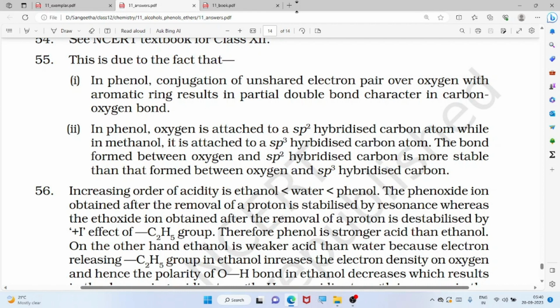See here sp2, here in methanol it is sp3. So more s character, more electronegative. The bond formed between oxygen and the sp2 hybridized carbon is more stable than that formed between oxygen and sp3. Okay.